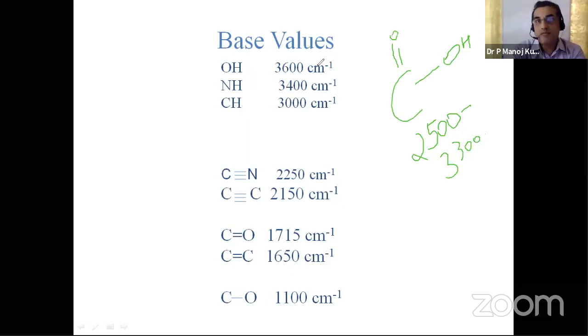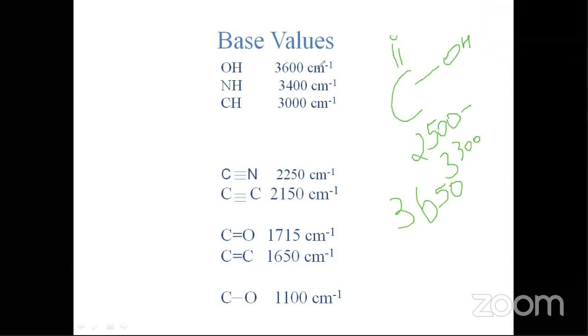Similarly, if you take the same OH group of an alcohol, it will be around 3650. So if I know this OH value, I can definitely understand that the OH group present inside a carboxylic acid or an alcohol will be around this 3600.